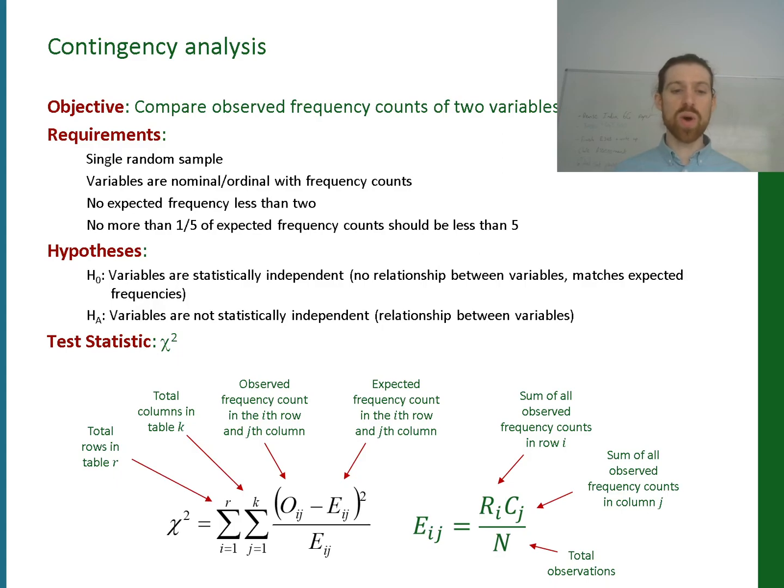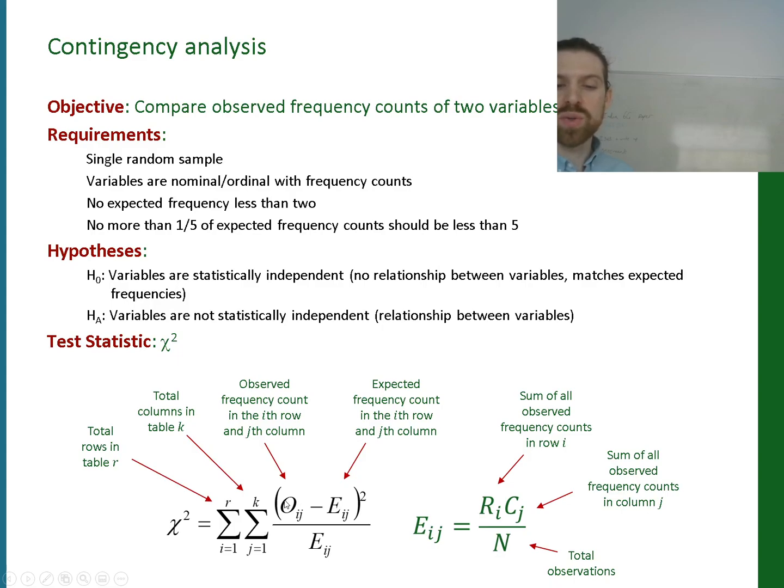We're using the chi-squared test statistic here, and it's very similar to what we did before when we were looking at the chi-squared test. The difference here is that we also have the number of rows now introduced into our calculations. So we have the chi-squared test statistic down here. We need to sum up across the number of rows and the number of columns in the table as well.